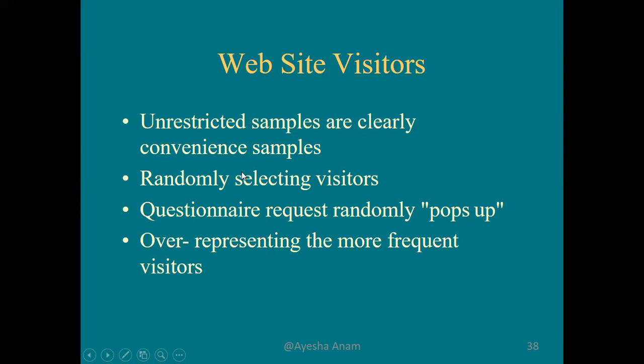Unrestricted samples are clearly convenience samples. Randomly selecting visitors: questionnaires pop up randomly, over-representing the more frequent visitors. So website visitors can be the sample, and it is unrestricted, random, and over-representing.